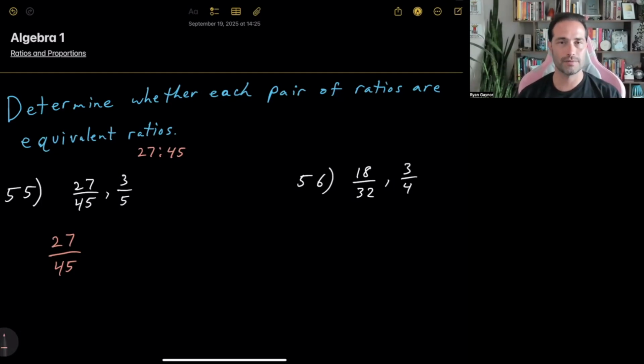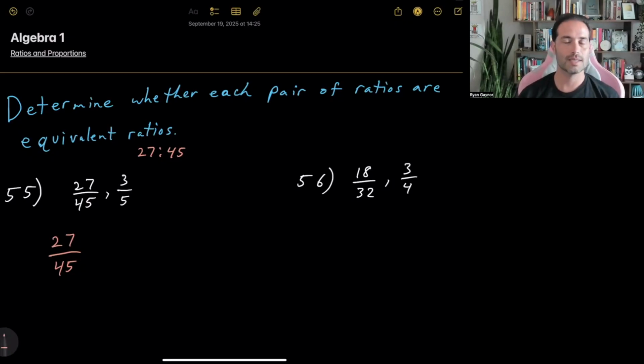Let's try 5. Does 5 go into 27? It doesn't, because 27 ends with a 7, and anything that 5 will go into has to end with a 5 or a 0. All right, so let's keep going up. How about 7? 7 does not go into 27, so let's go to the next odd number, 9. Does 9 go into 27? Yes, it does. It goes in 3 times. Does 9 go into 45?